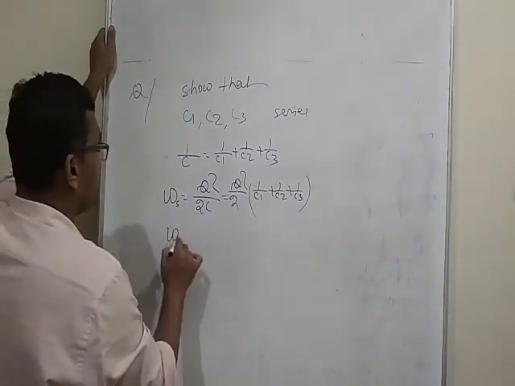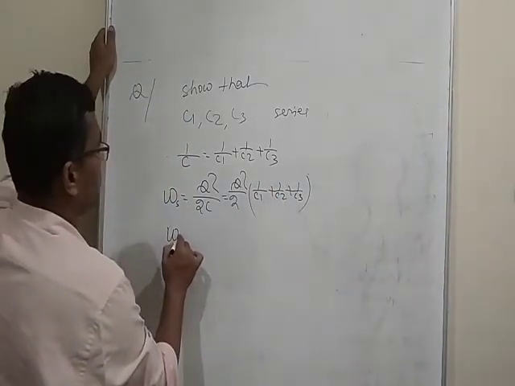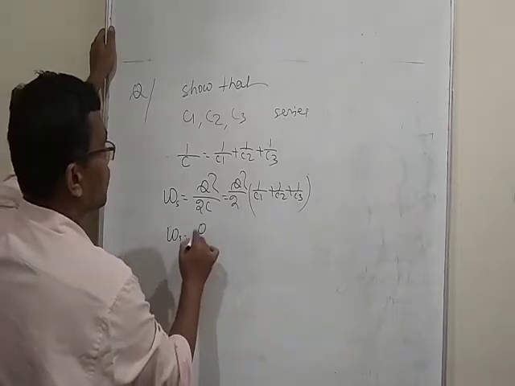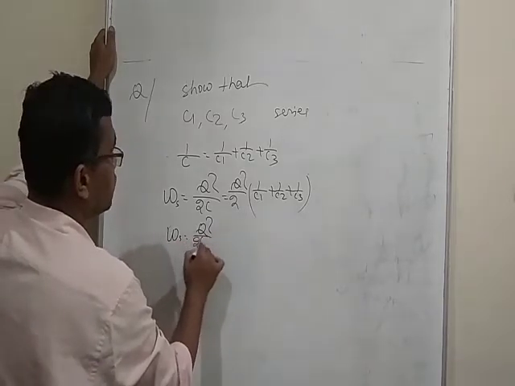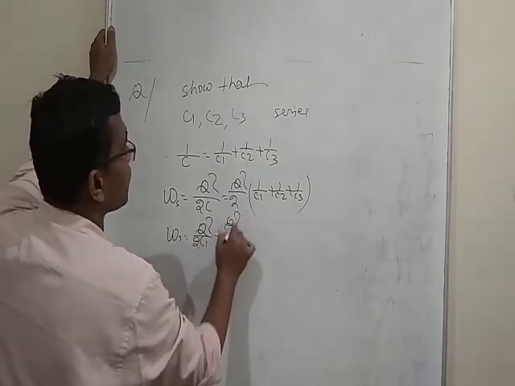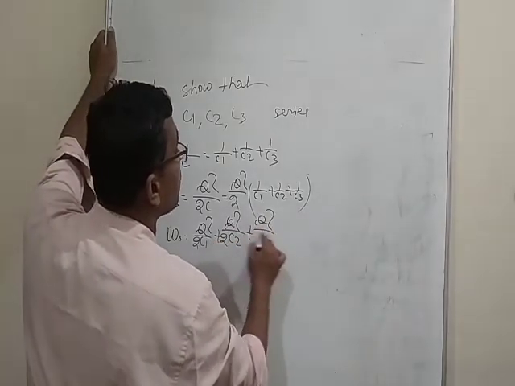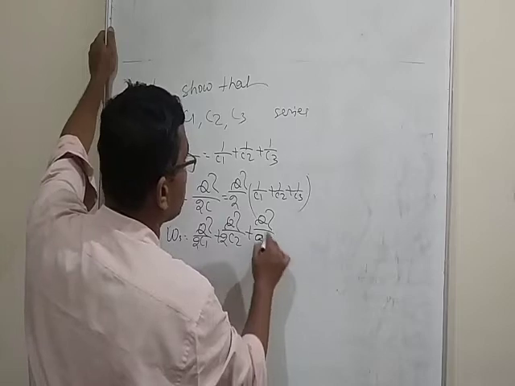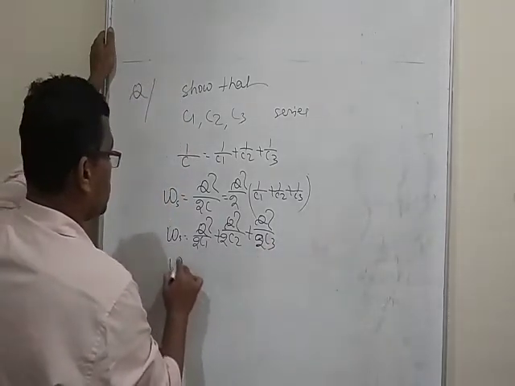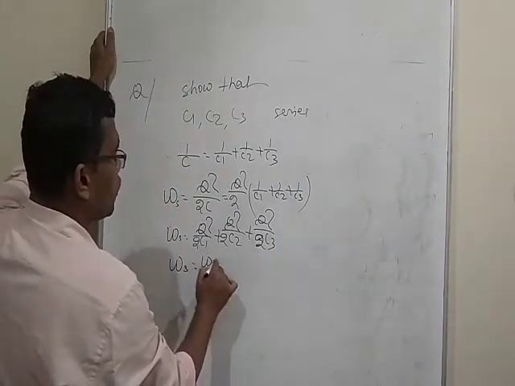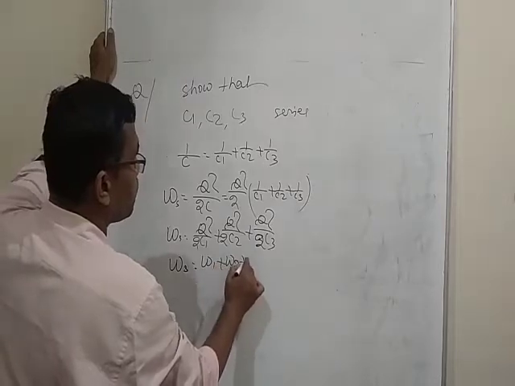So W series is equal to Q square by 2C1 plus Q square by 2C2 plus Q square by 2C3. Then W series is equal to W1 plus W2 plus W3.